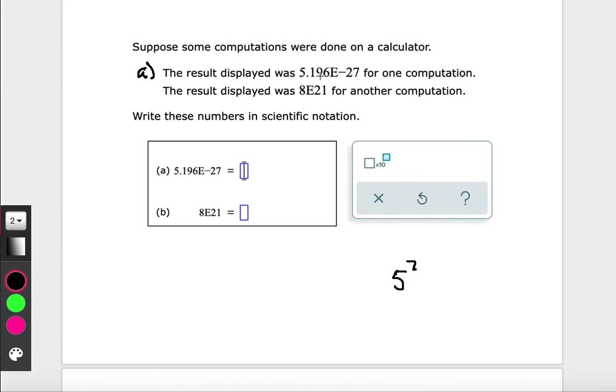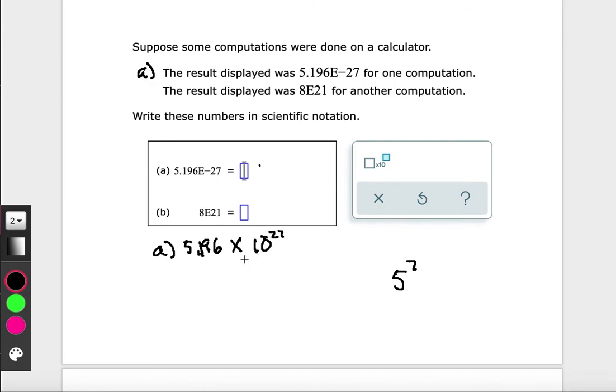The way you change this is you say, okay, letter A is going to be 5.196. It's already converted for you. And it tells you what your exponent is. Your exponent is the number just to the right of the E. So my exponent is negative 27, so it's times 10 to the negative 27.